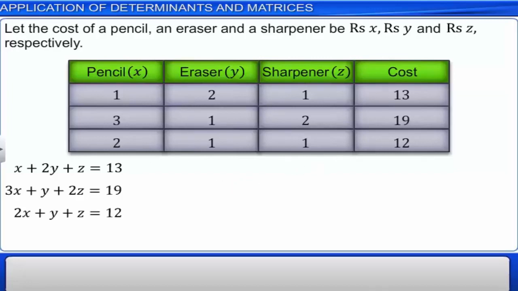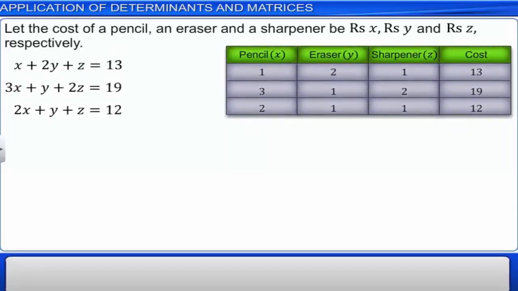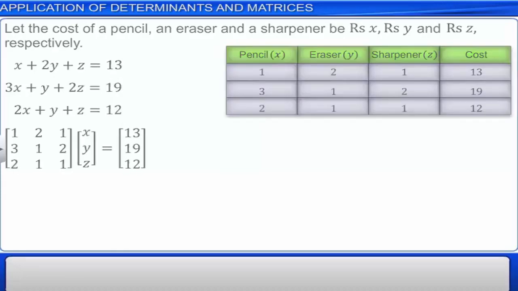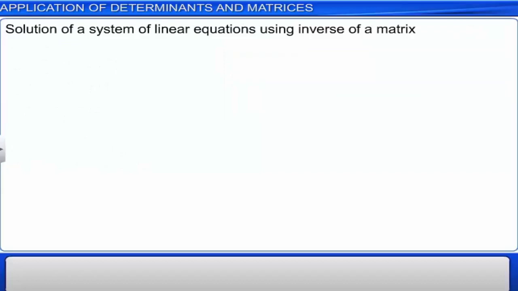Rearranging the equations in a matrix form, we get the equation as shown. Let's now learn to solve such systems of linear equations using the inverse of the coefficient matrix.